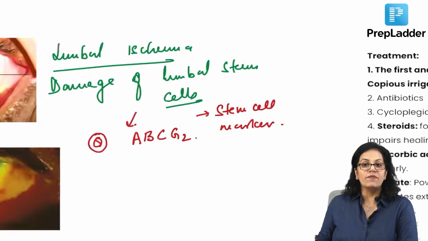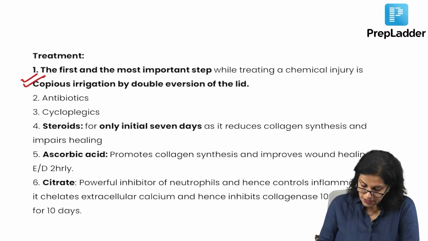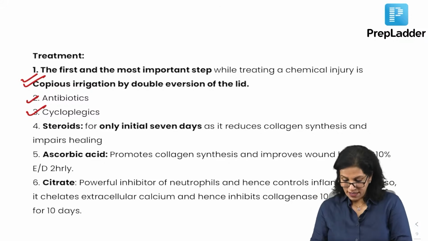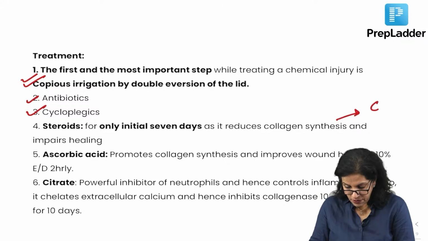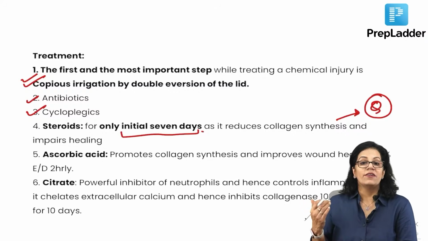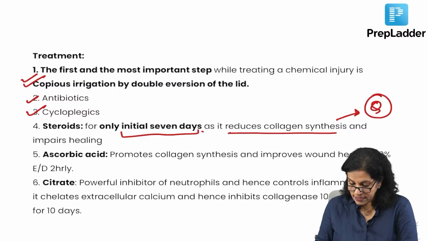Another thing around this that we need to revise is treatment. Of course, the first is always copious irrigation. But if we have to give antibiotics, there is inflammation, you have to treat the uveitis with cycloplegics. Do we give steroids? Important, make a cue: yes, but only for the initial 7 days. Why not longer? Because it will reduce or inhibit the healing process. It reduces collagen synthesis.